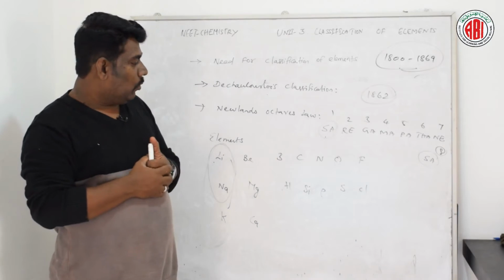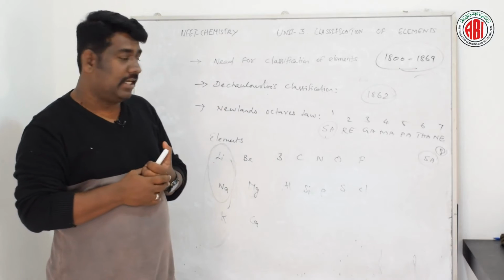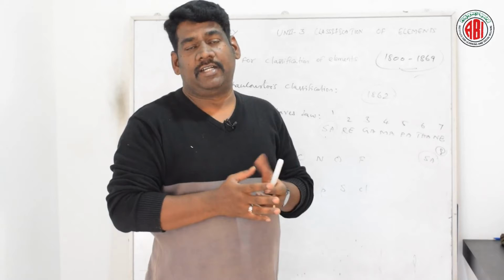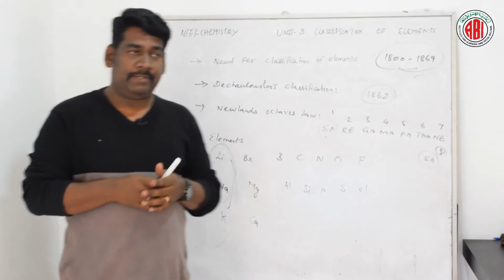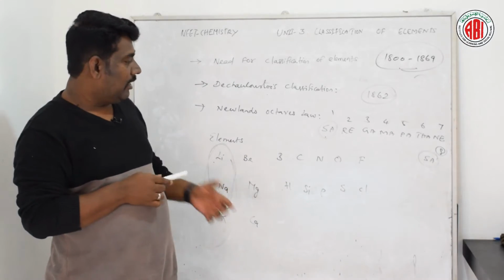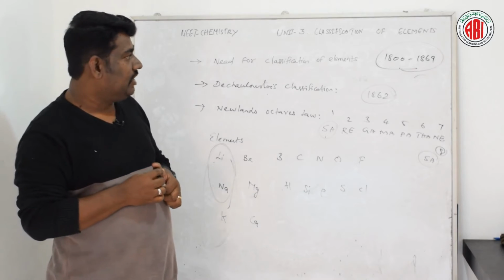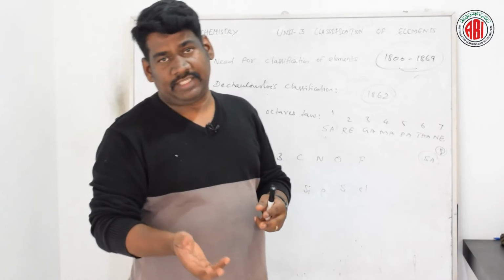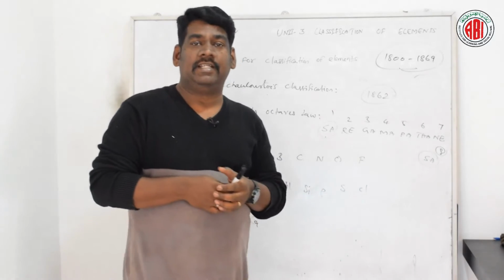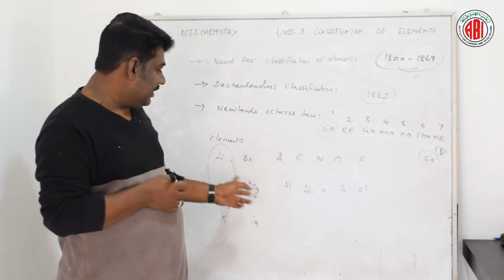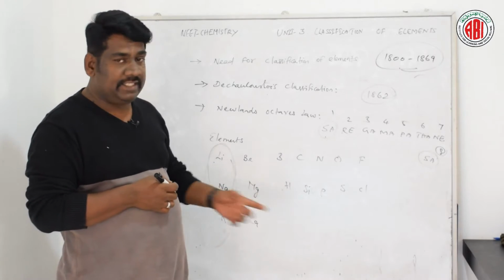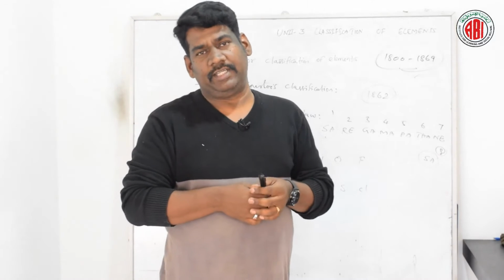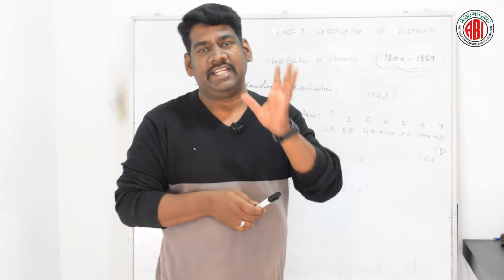Then why is Newland's octaves law not very familiar or famous? Because this law, based on the classification of elements, showed effort but failed. The reason is that the consecutive repeating of every eighth element can be seen for only a few elements, not the entire 118 elements.